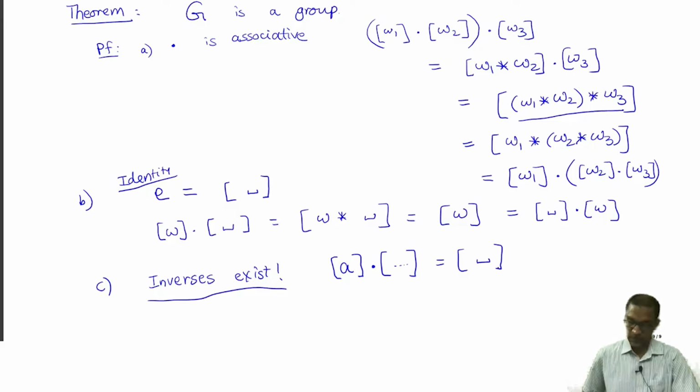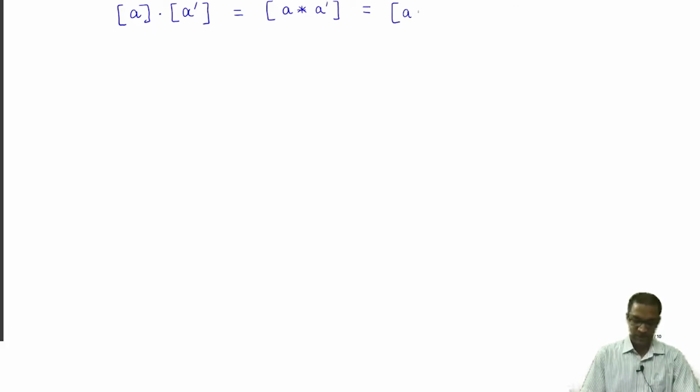Let's perform a simple computation here. Observe, if I take A and I multiply it with the equivalence class of the element A prime, then by definition this is the equivalence class of the concatenation, the word A with A prime, which is just A A prime, the word of length 2.